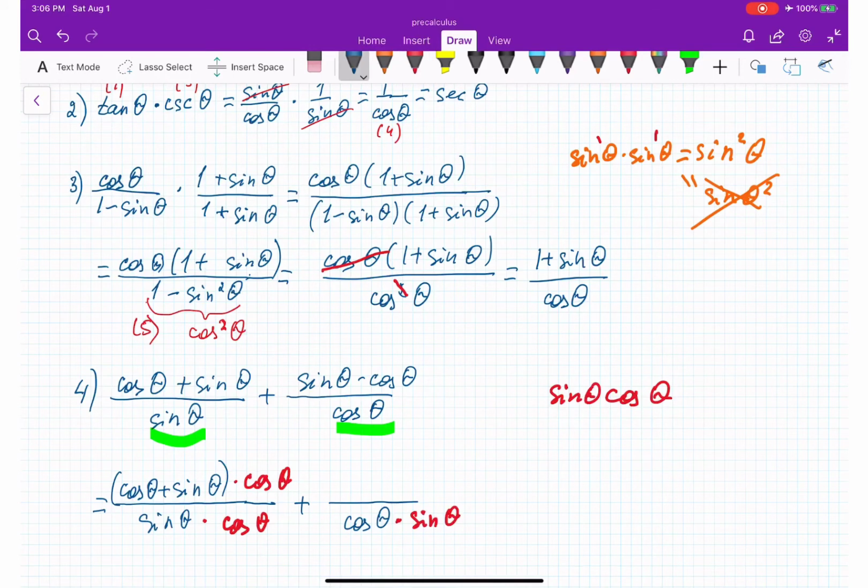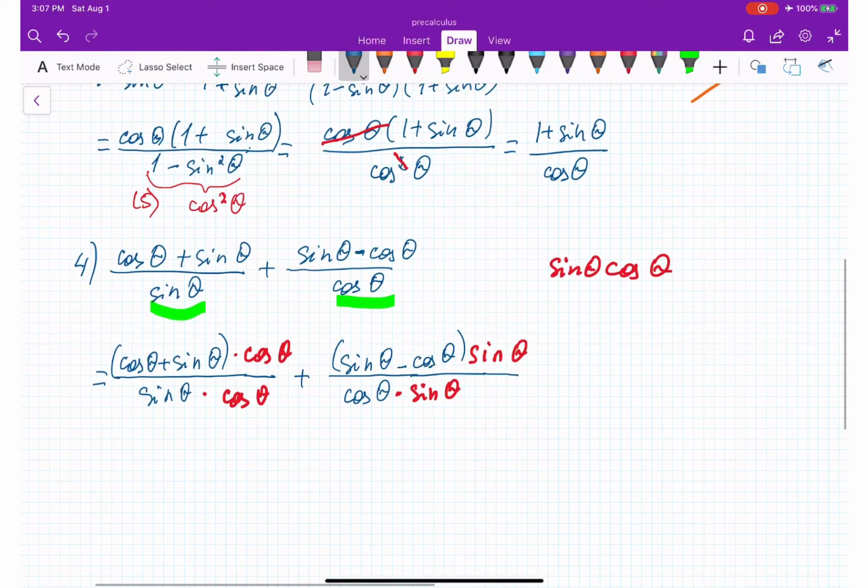Okay, here we get sine theta minus cosine theta times sine theta. Okay, so let's solve it. If the common denominator is the same, all I can do is just add numerators, right?